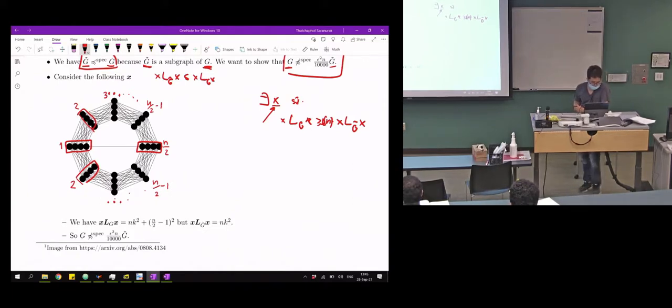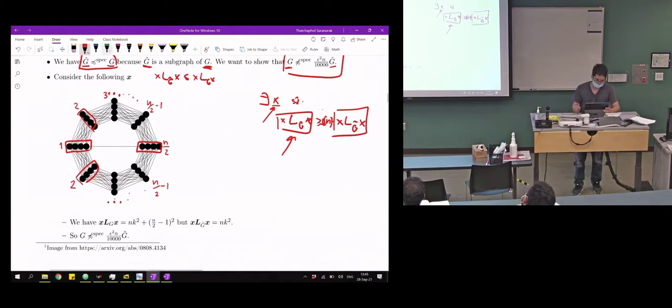Okay. And now let's just compare these two things, the one for G and the one for G tilde. So what do you get for G? Note that this is just the sum over all edges uv of (xu minus xv) squared.